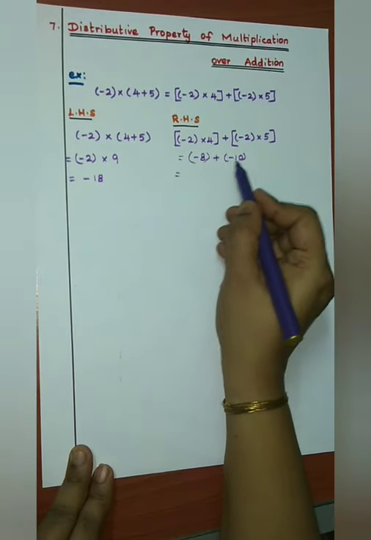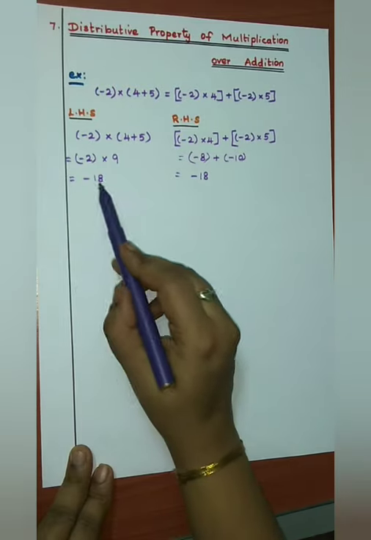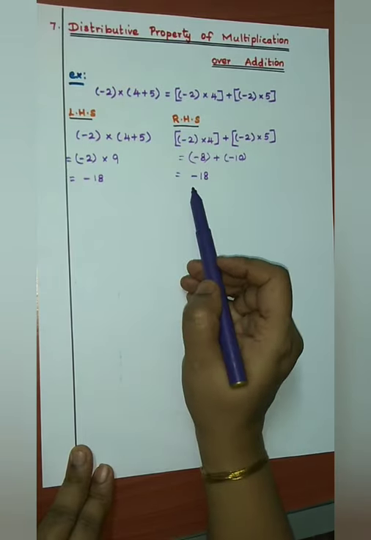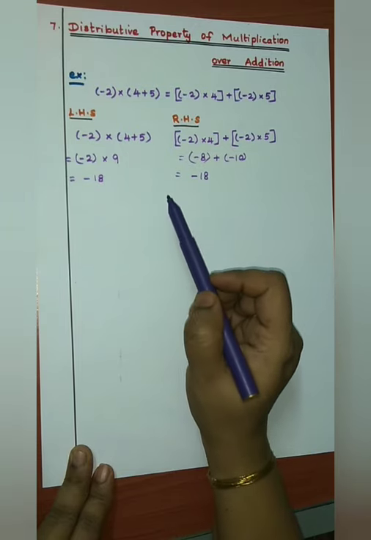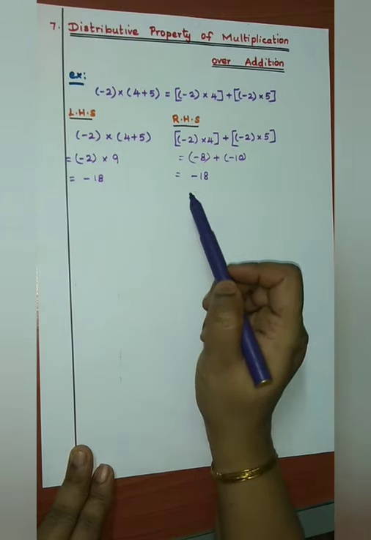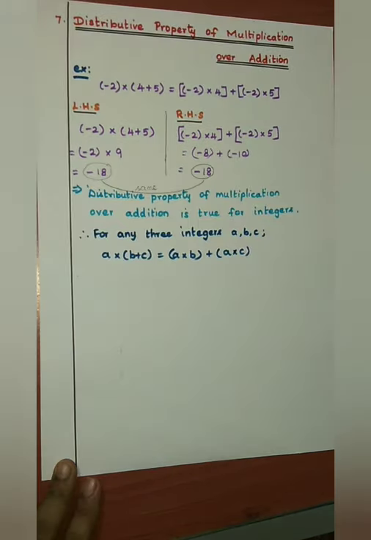So minus 8 plus minus 10 is equal to minus 18. Observe the results. Are they the same? Yes, they are the same. Hence, the distributive property of multiplication over addition is true for integers.